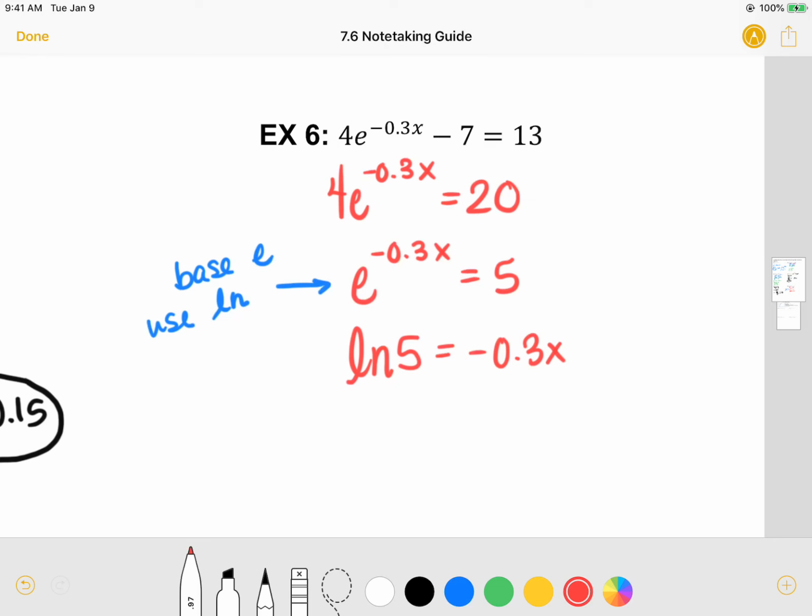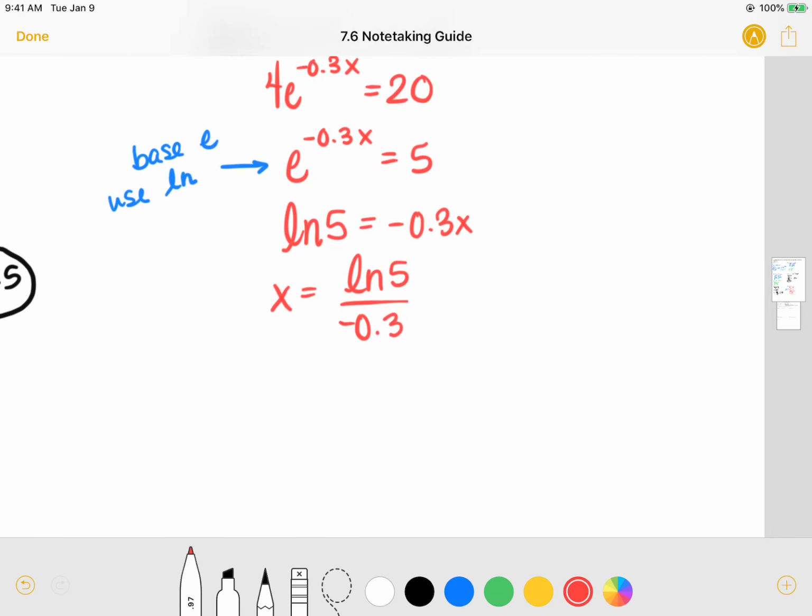And then the last thing we want to do is divide each side by negative 0.3. So x is equal to natural log of 5 divided by negative 0.3. So grab your calculator. I want you to throw that into your calculator and evaluate that. And what you should get is negative 5.36. Okay?